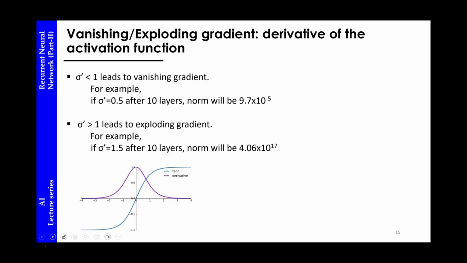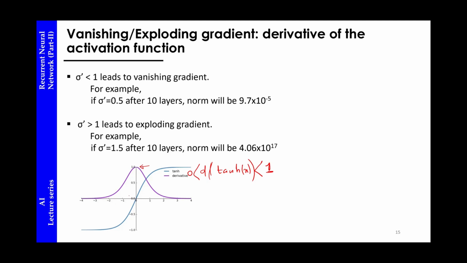Let's review some real examples of activation functions. Here is the hyperbolic tangent. The blue curve is the hyperbolic tangent, and the purple one is its derivative. You see that we have an upper bound for the derivative of the hyperbolic tangent.